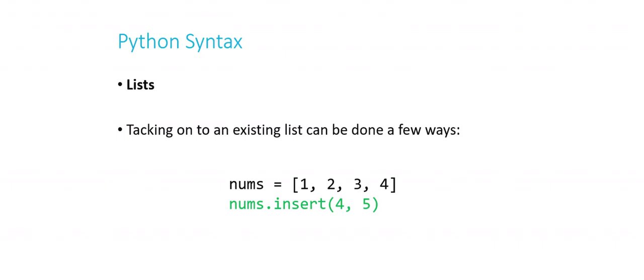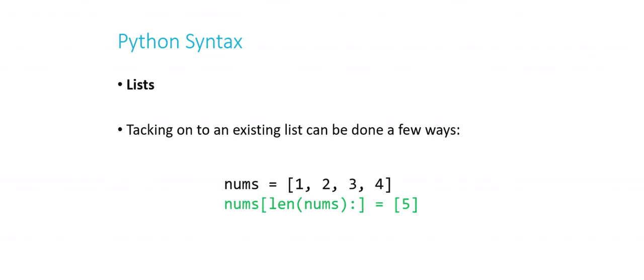And if you remember how we count in C, we know that 1 here is in the 0th position, 2 is in the 1st position, 3 is in the 2nd position, 4 is in the 3rd position. So what we're doing here is really just inserting into the 4th position the value 5. So this line and the one that we just saw do exactly the same thing. They put a 5 at the end of that array.